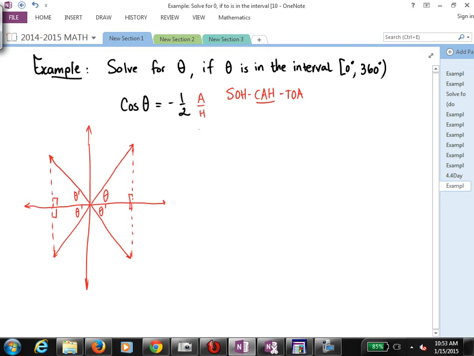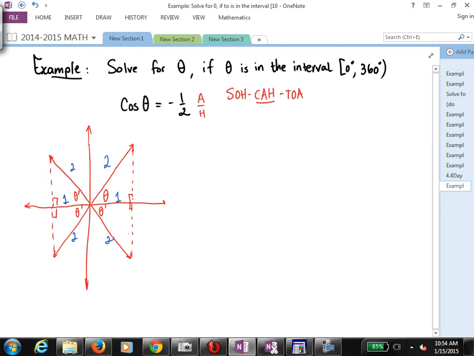And the question becomes, what about that negative? Well, I'll deal with the negative right now. Everywhere on this triangle I see an adjacent, I'm going to label a 1, and anywhere I see a hypotenuse, I'm going to label it a 2. That 1 will be shared for both of them.